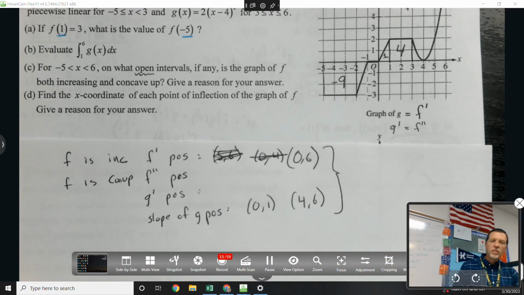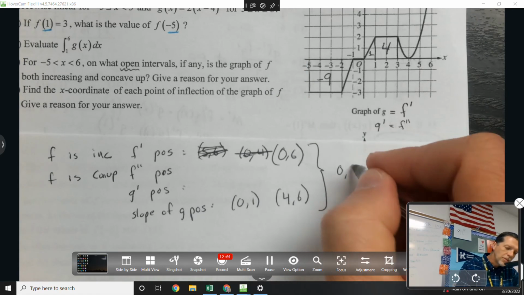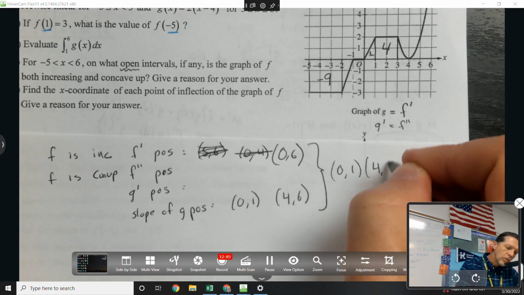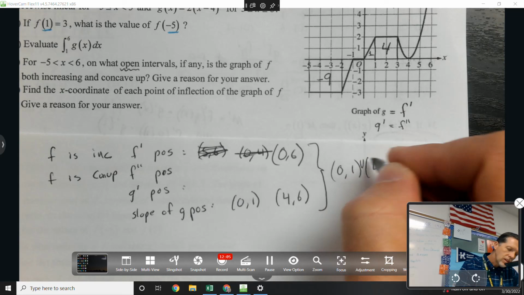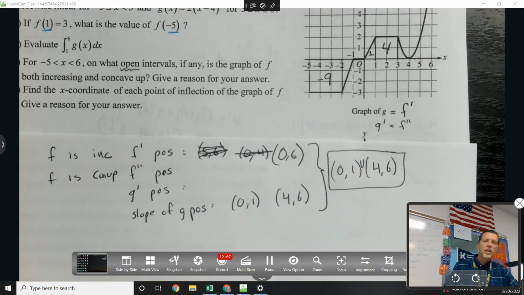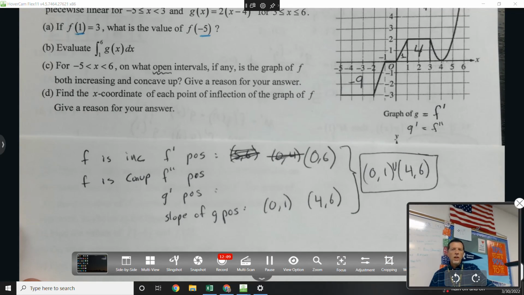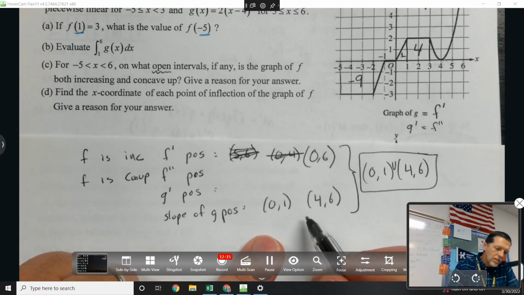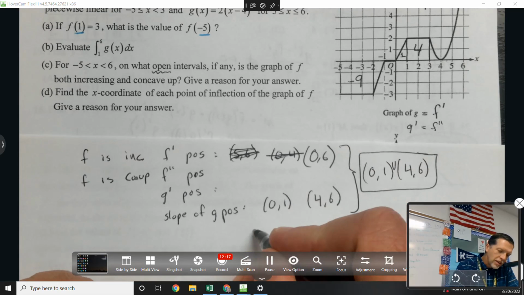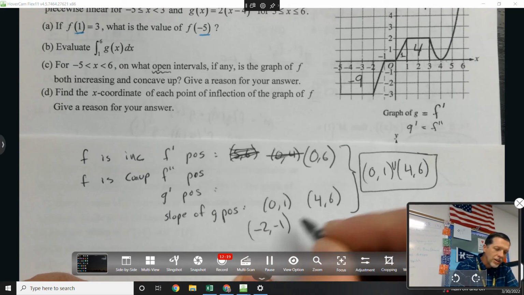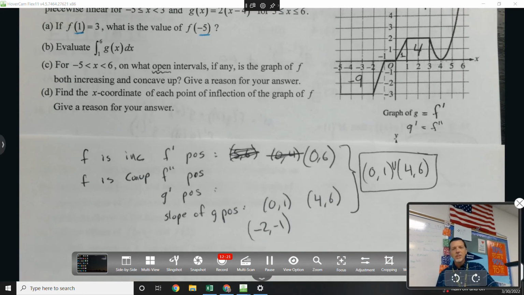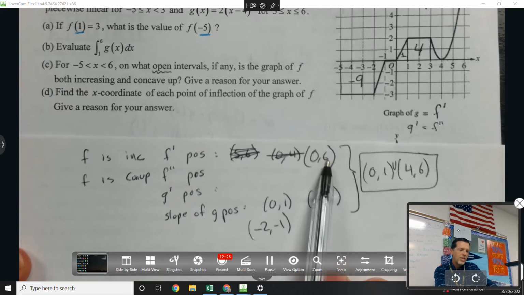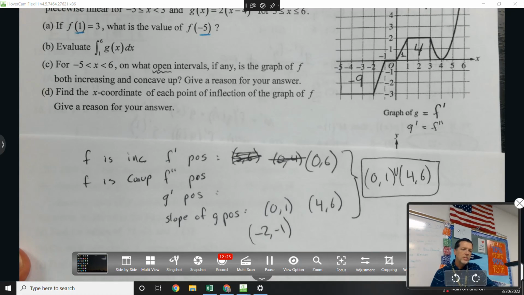So where both of those things are happening would be from 0 to 1 and 4 to 6. Oh, I guess the slope of g is also positive from negative 2 to negative 1, but I'd already decided I wasn't going to look there anyway because I needed f prime to be positive.